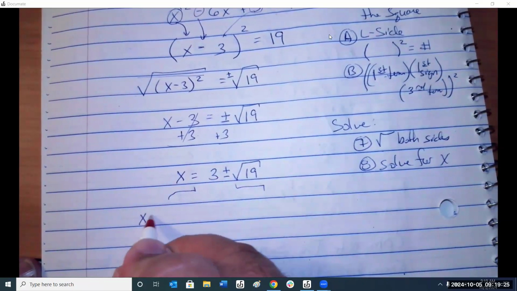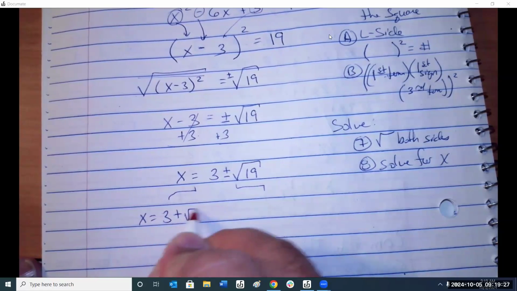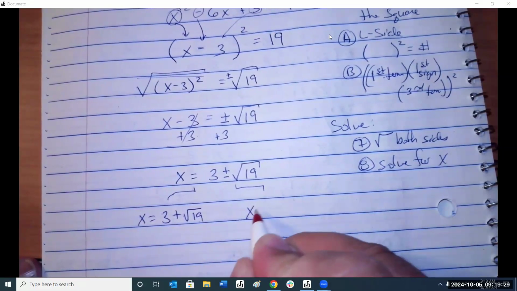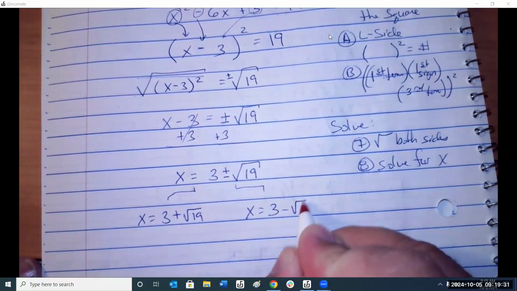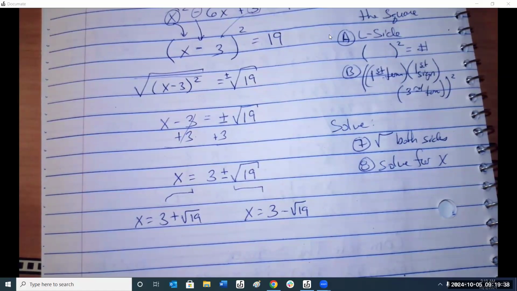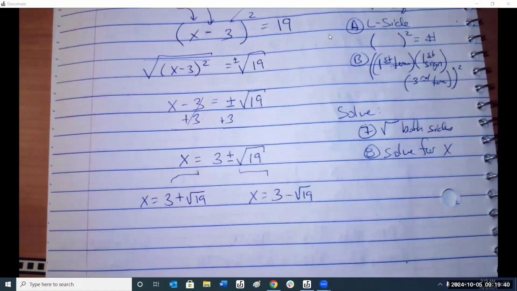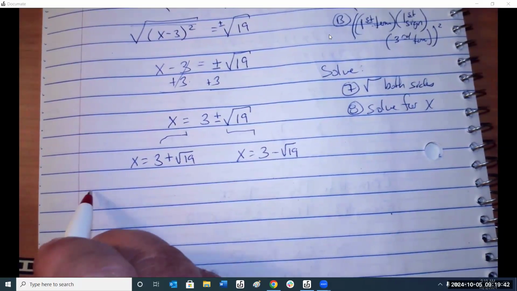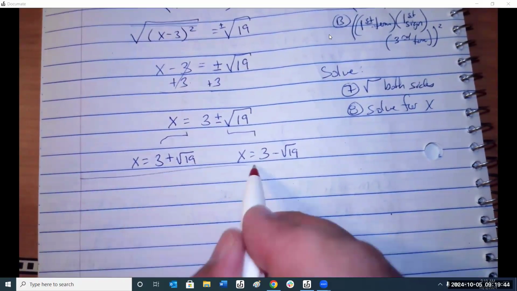We have x equals 3 plus the square root of 19, and x equals 3 minus the square root of 19. That's complete the square. Let's look at another example.